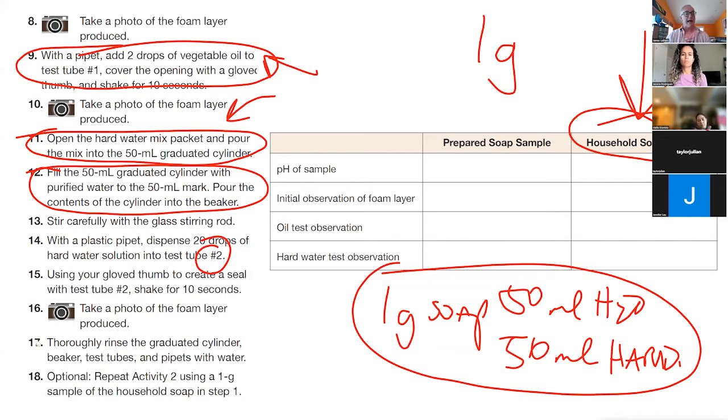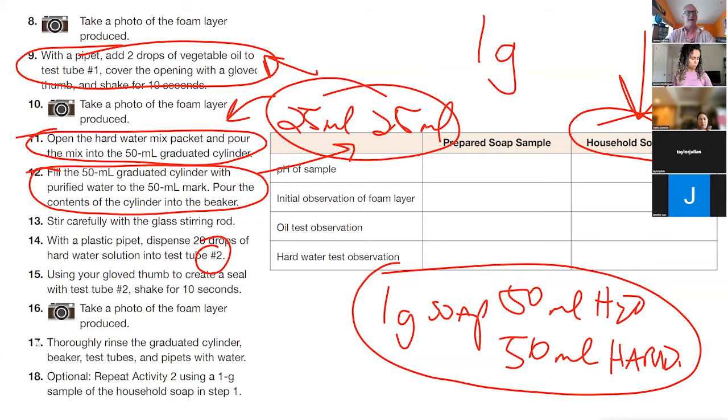So what we're going to have to do is take the hard water mixture packet, put it in the 50 mil graduated cylinder, and take 25 mils of that plus 25 mils of our soap mixture and add those together. Save the other 25 mils of the hard water mixture for your prepared soap sample.